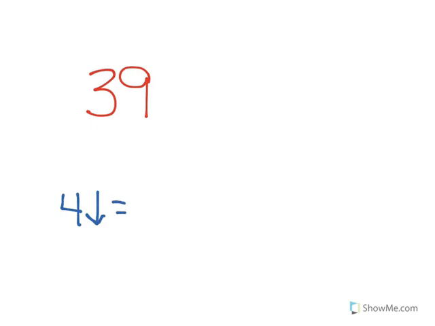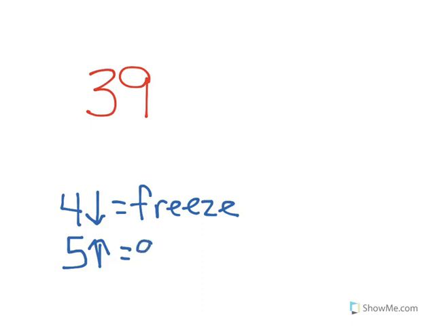I like to think of it as we freeze in a way. So we're not going to subtract anything. The only time we need to change a digit is when we need to add one more, when a digit is 5 or higher. So if a digit is 5 or higher, that's going to tell us a number to add one.